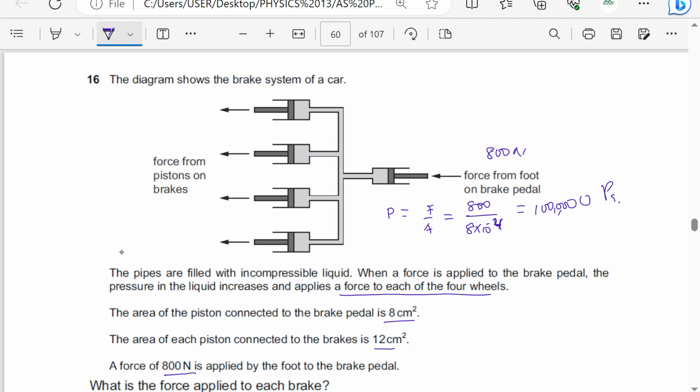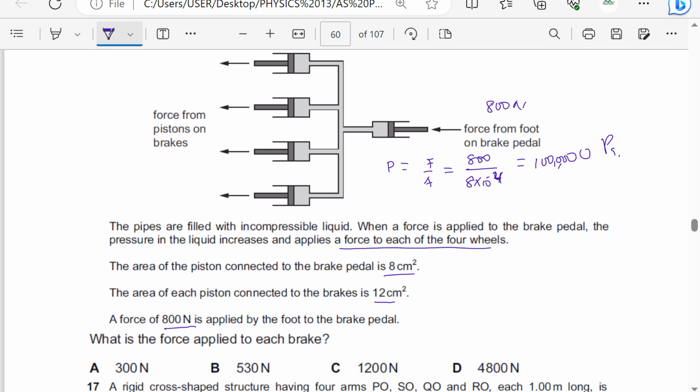But remember, pressure due to a liquid remains the same. So the pressure on each piston is going to be the same, only that there are 4 of them. So the force experienced is going to be different.